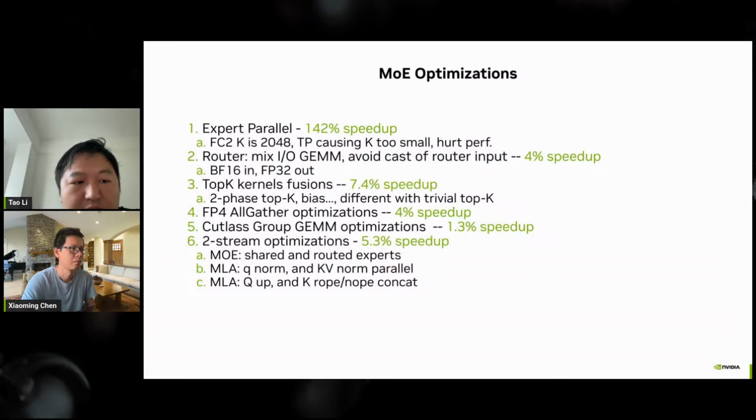After we remove this cast, the GEMM can be done with BF16 input and FP32 output, and compared to the original pure FP32 GEMM, in the end-to-end we can achieve about 4% speedup.